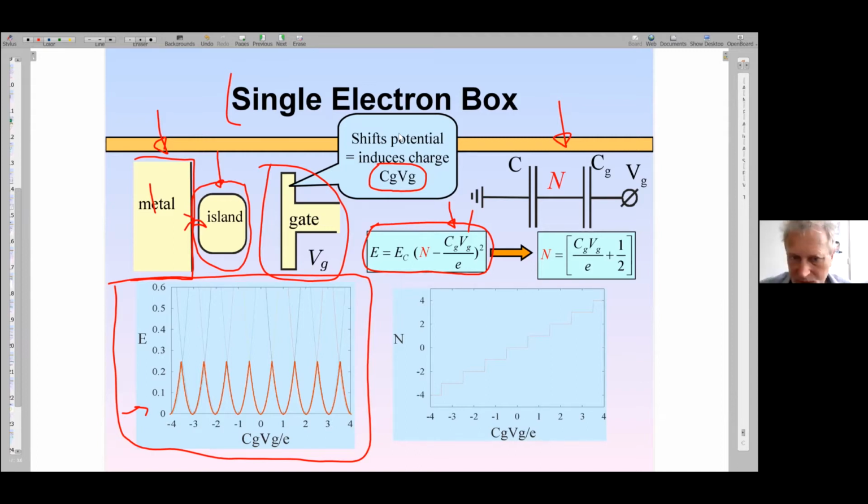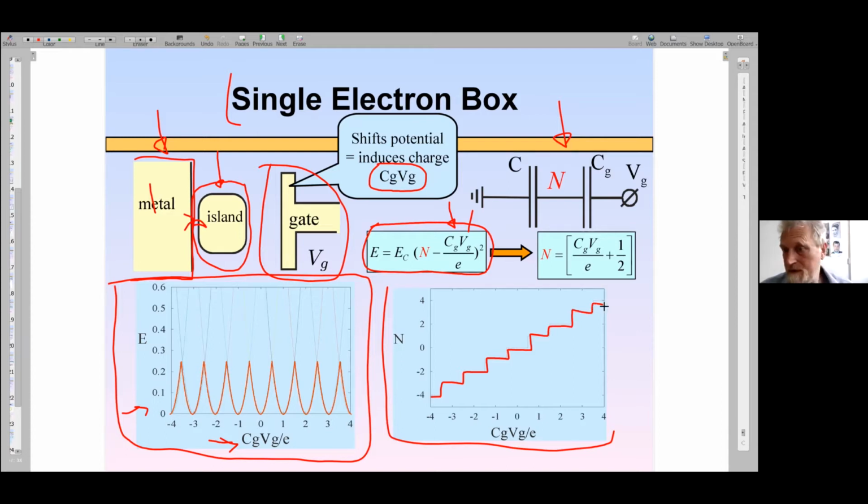Now I want to plot the charge versus gate voltage. And you see, when I move along this axis, I go from one parabola to another parabola. So the charge just increases in a step-like fashion.